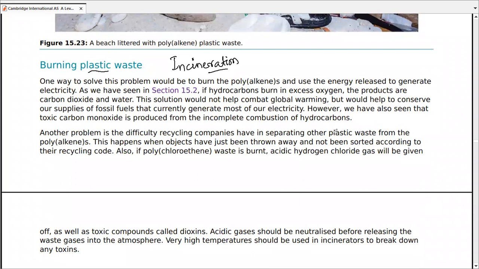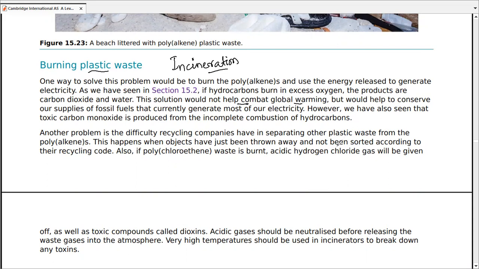Now, burning waste was a very good idea three to four decades back, because that reduced the size of the waste to nearly one-fifth, which seems very lucrative as an option. But once we started looking at it, burning wasn't good because it was producing many harmful gases, and a lot of gases which helped global warming.